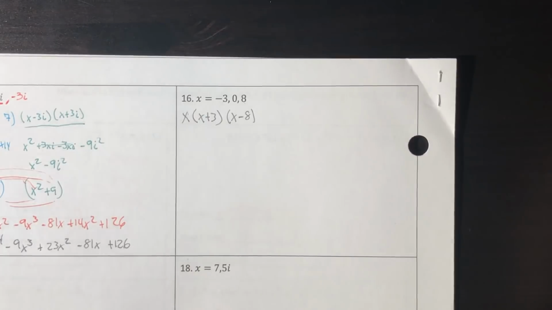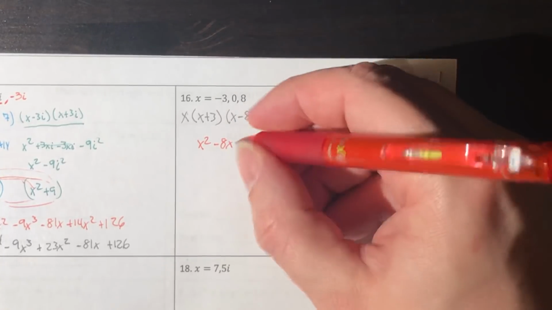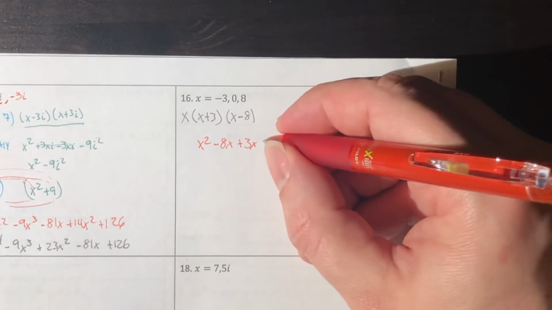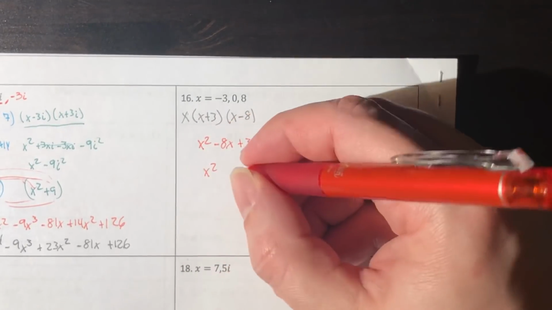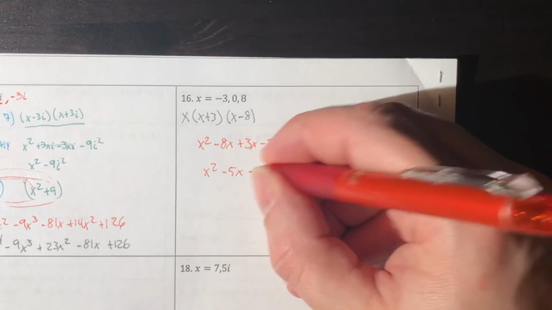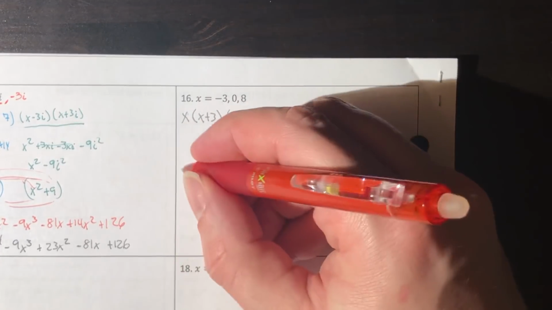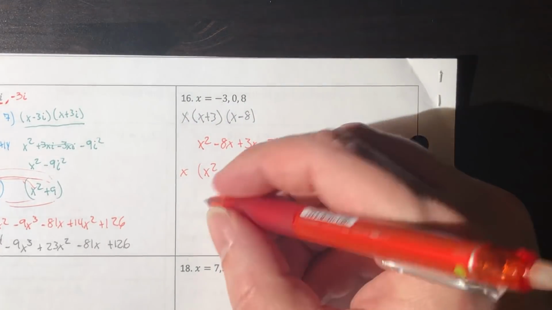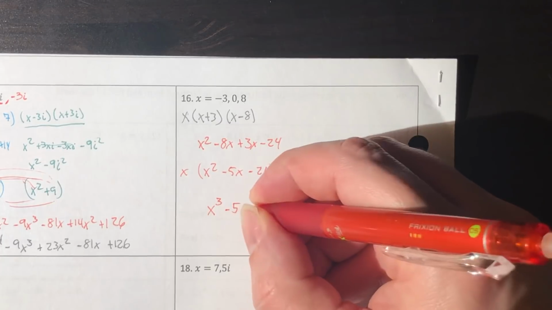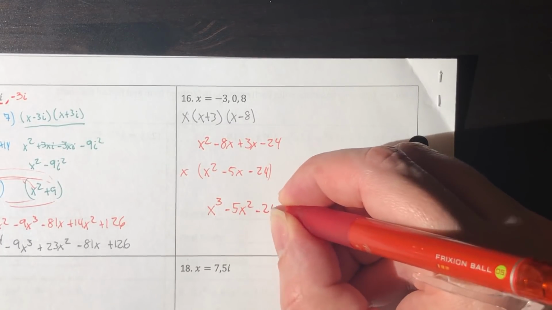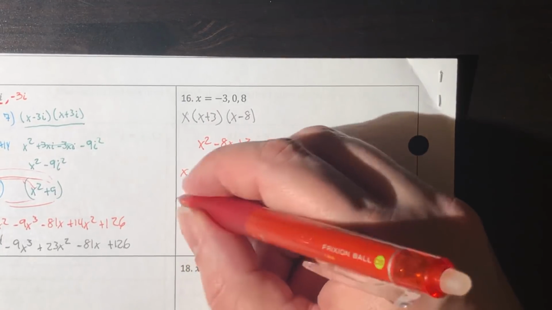So that's going to give me x times x is x squared minus 8x plus 3x minus 24. Combine like terms, x squared minus 5x minus 24. But then I need to multiply all of that by this x. So when I multiply that by x, really I'm just adding an exponent onto all of them. So I've got x cubed minus 5x squared minus 24x. So I've got y equals that.